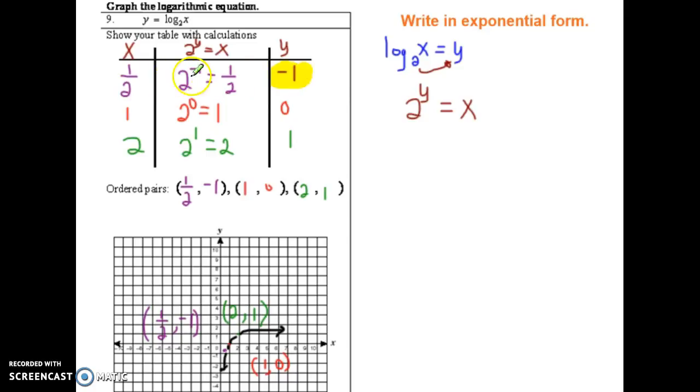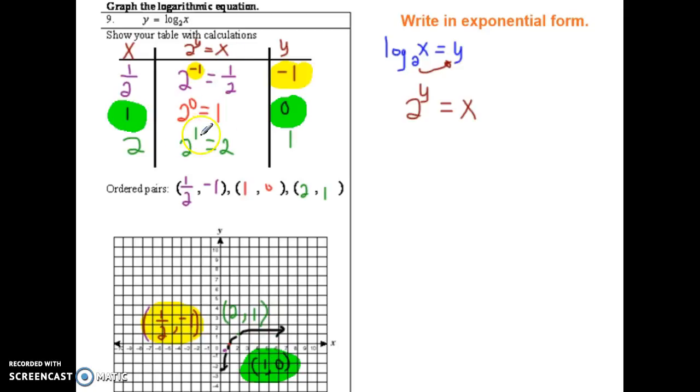So 2 to the negative 1 power is half. So I got half, which is x, and y is negative 1. And then I'm going to pick 0 for my y. 2 to the 0 power is 1, so I get 1, 0.